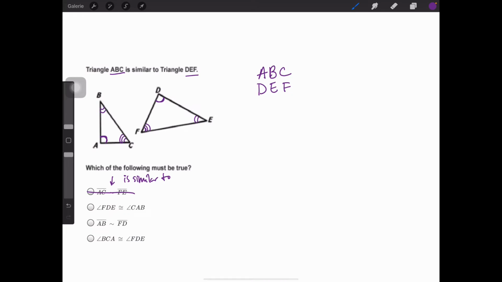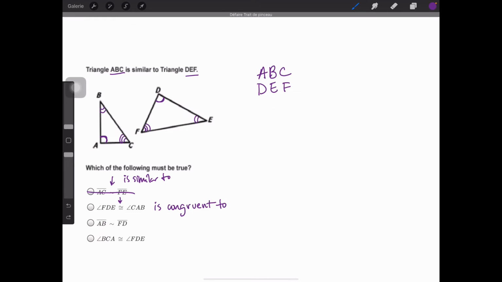Next one, FDE is congruent. Remember this symbol, this symbol is congruent, which means exactly the same, to CAB. So let's check. I will check two ways for this. The first way is using my key, my letter key. The second way is using my pictures. Let's start with my letter key.